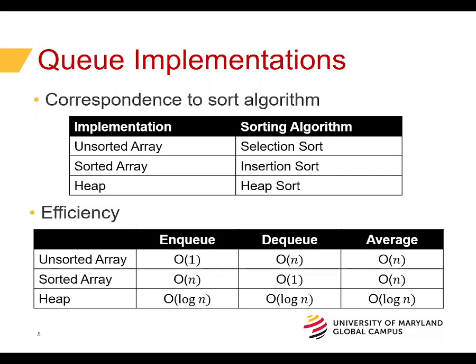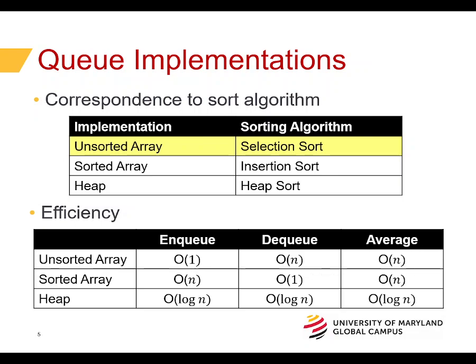Next, we compare the three implementations of the priority queue and how they correspond to actual sorting algorithms. We begin with the correspondence. Had we substituted the unsorted array queue for the heap queue, the sort that would be performed is very similar to a selection sort.